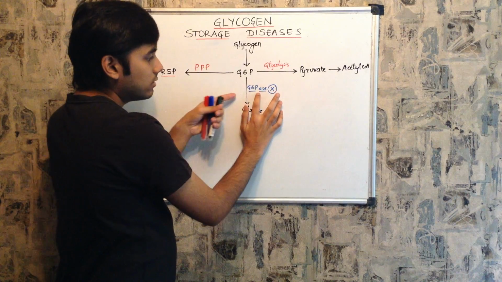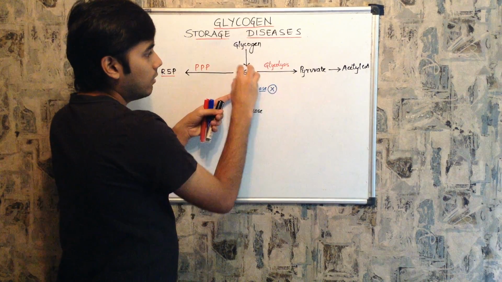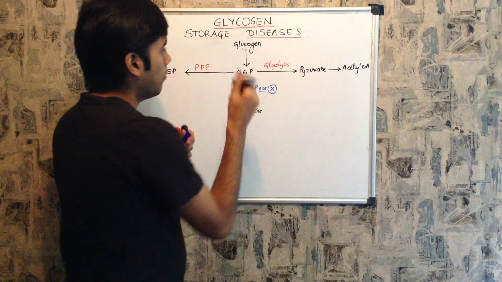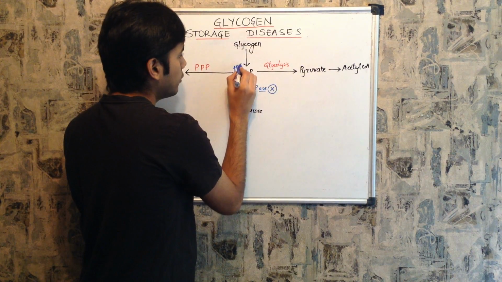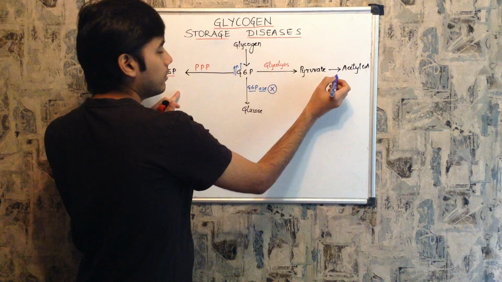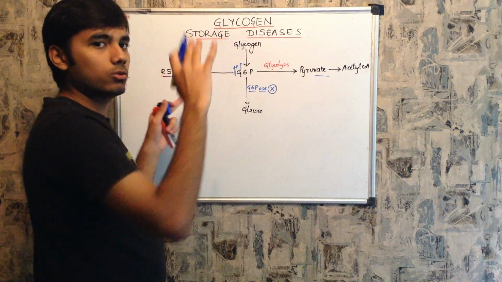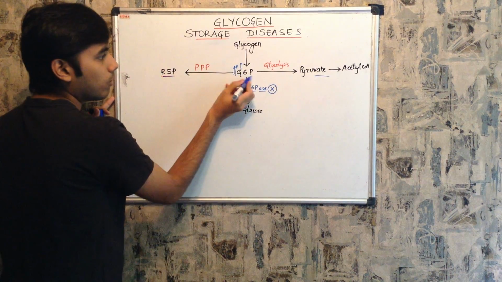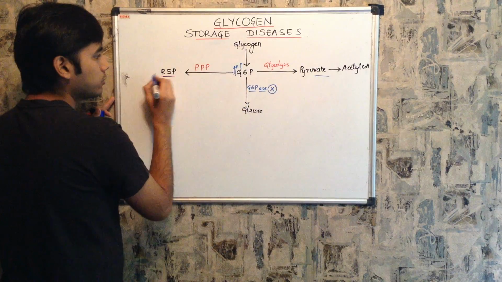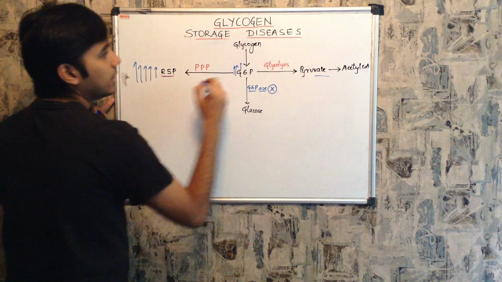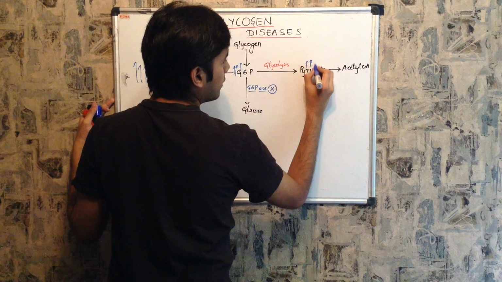But if due to this enzyme deficiency more and more glucose 6 phosphate is accumulated, it is shunted for the production of pyruvate and ribose 5 phosphate in excessive amounts. When more and more G6P is accumulated, it forms excess ribose 5 phosphate, and it also forms more and more pyruvate.